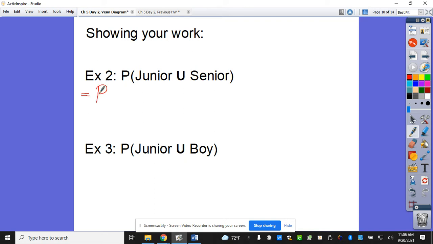So this is showing your work how I want it. If I give you this, you would need to show me that I can use just J because I've already written on the other page that J is junior. Plus probability of senior. So I have to show that part, and then I write my numbers for each.